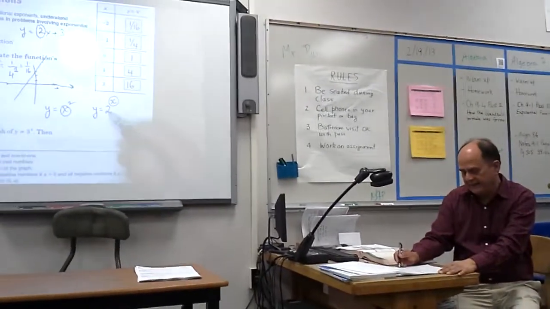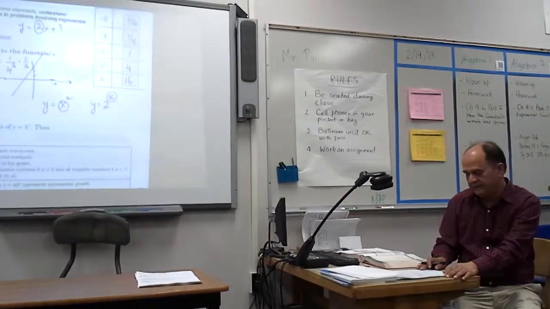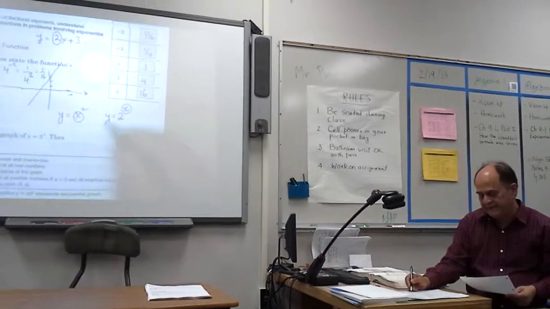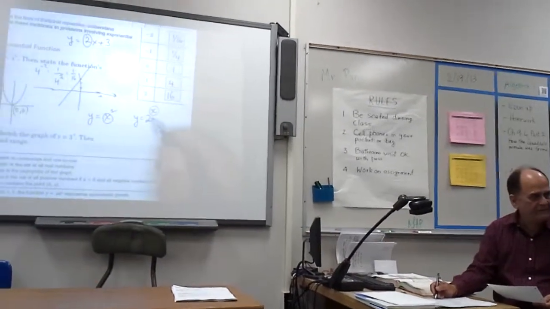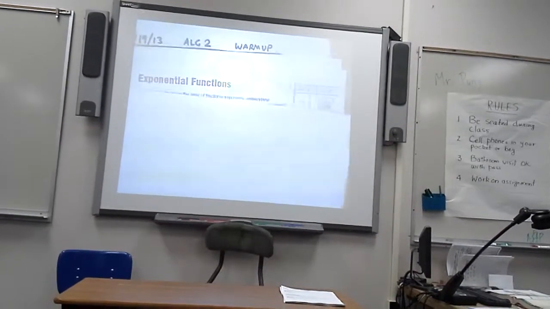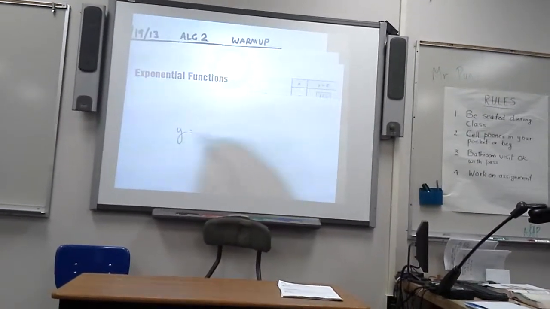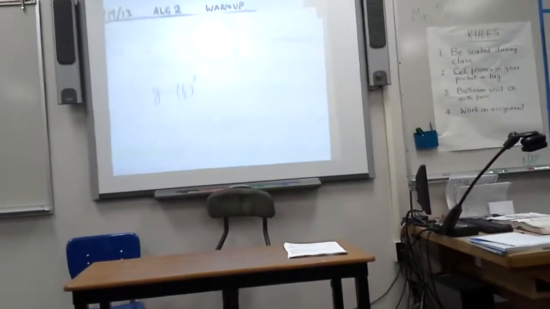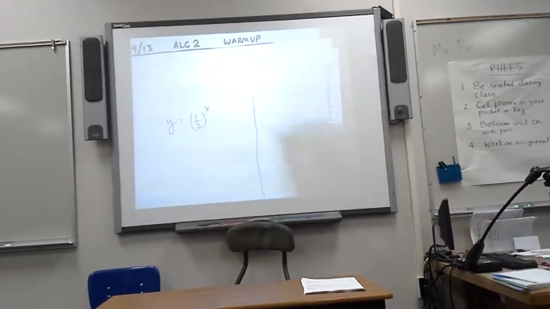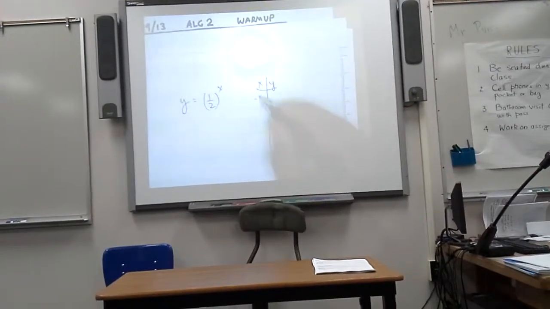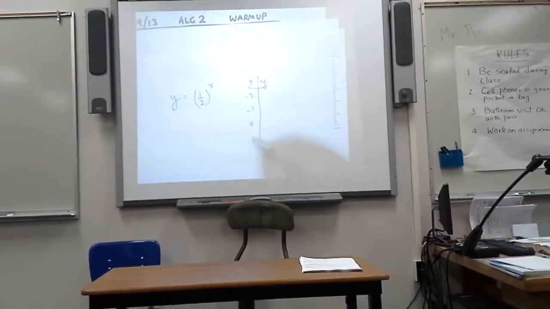Okay, so let's do another graph where the base is less than 1. So let's take a half, for example. Okay. So I'm going to plot a graph y equals half to the power of x. So I take the same values, x and y, minus 2, minus 1, 0, 1, and 2.